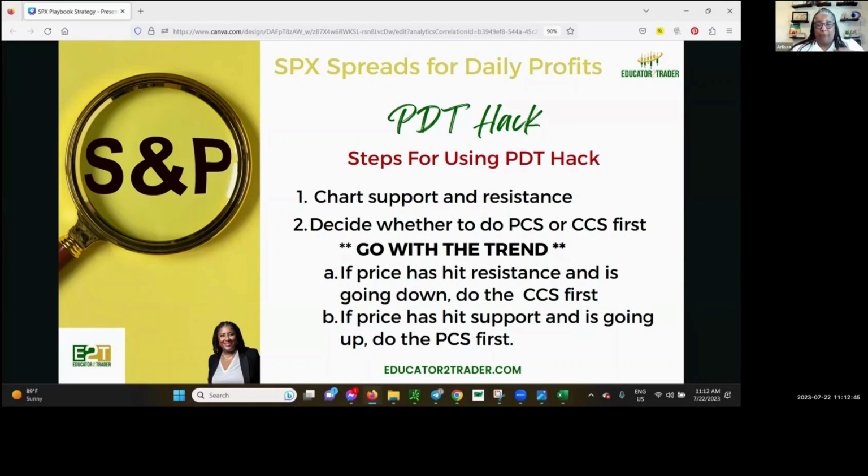If the price has hit resistance and it's coming down, then you want to do a call credit spread first. If price has come down to support and it's now starting to go up, then you want to do a put credit spread first. If the market opens and you feel like it's going to run up for a minute, then you want to do, again, a put credit spread and then put the call credit spread on next. Whenever you're getting in, you're going with the trend.